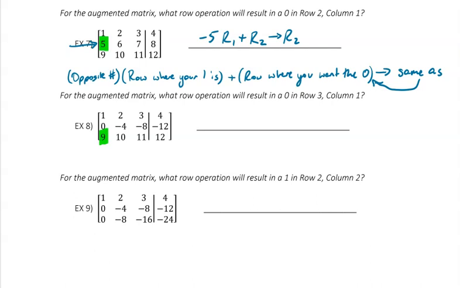If we just follow this same formula, we first want the opposite number. So if we have a positive 9, we want -9, times the row where your 1 is. Our 1 is up here in row 1. So we're going to say row 1.